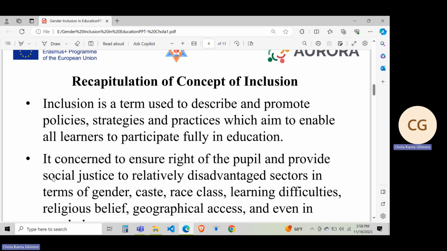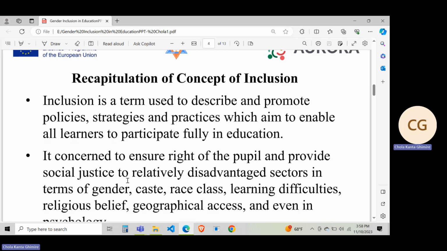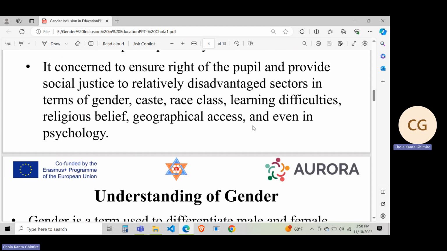In the case of a classroom, we can find diversities in terms of gender, caste, race, learning difficulties, religious belief, geographical areas, and even psychology. However, here we will focus on inclusion on the basis of gender.